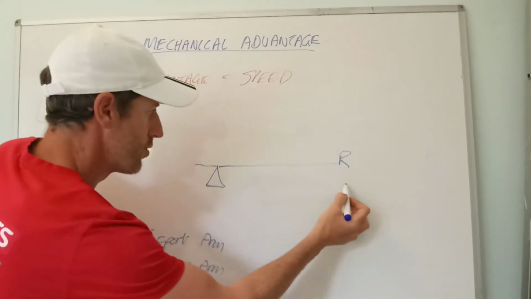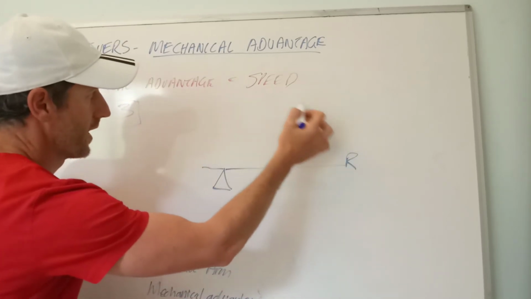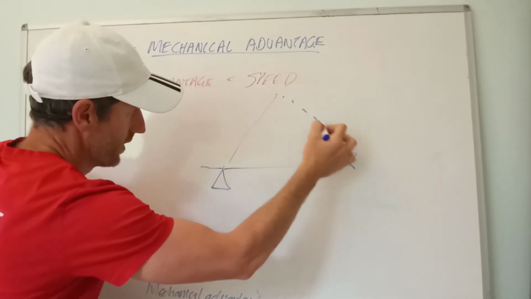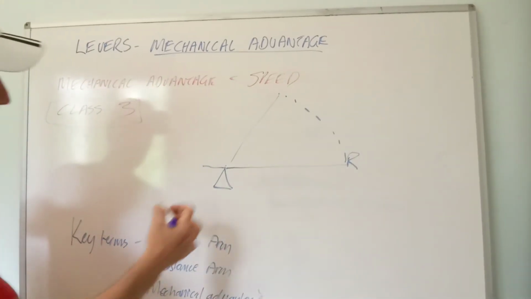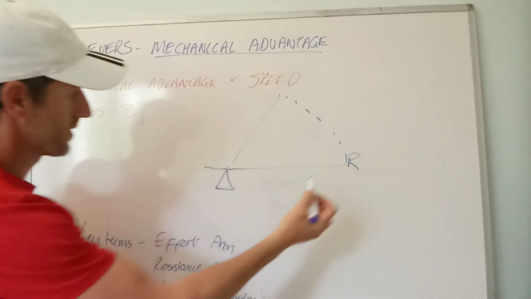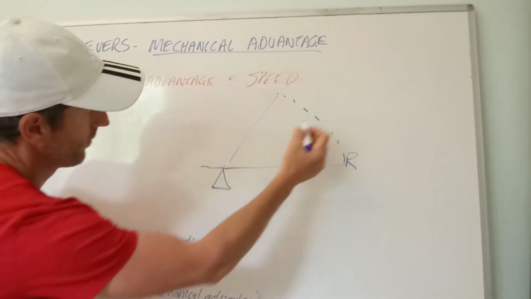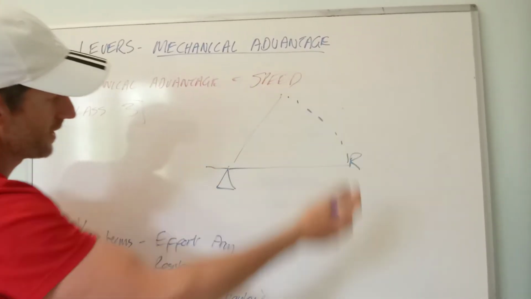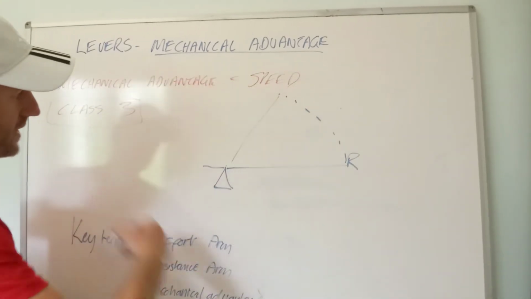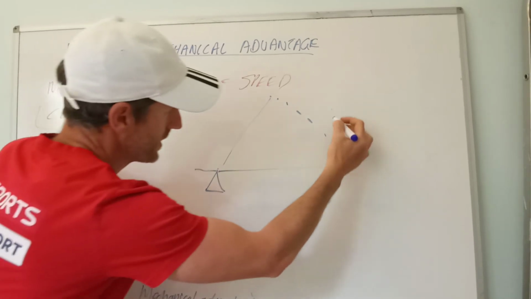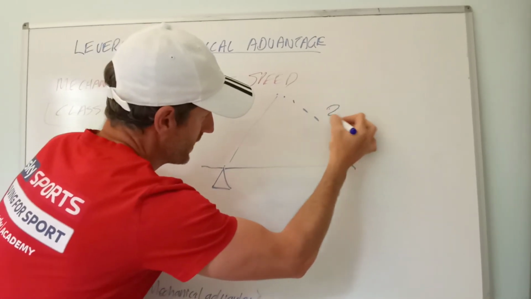Now, if that moves from there to there, so you've got that amount of flexion going on. Let's imagine this is the arm, the bicep. So that's the distance it moves. Say, for example, that's about 45 degrees. Distance wise, it's part of the circumference of a big circle. That would be, let's say, 20 centimeters.